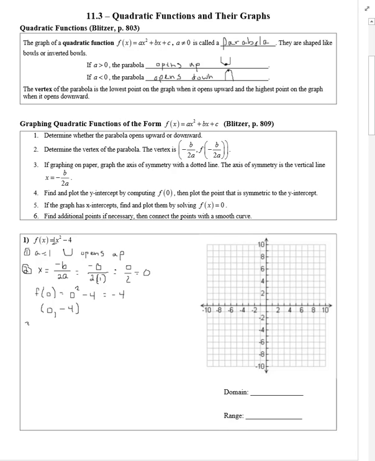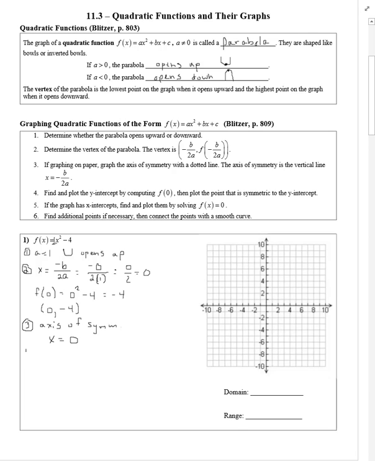Now, the axis of symmetry is always a line, I should say a vertical line, and it's of the form x equals, and it's always the x-coordinate of the vertex. So in this case, the axis of symmetry is the vertical line x equals 0.